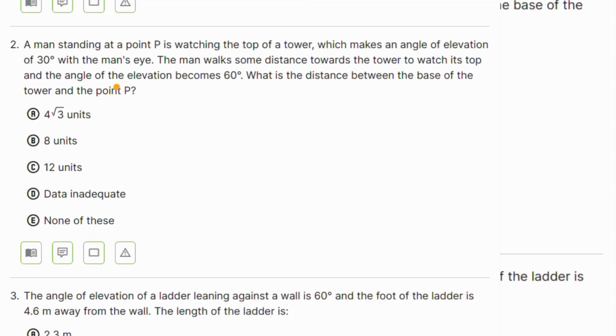So a man standing at a point P is watching the top of a tower, which makes an angle of elevation of 30 degrees with the man's eye.